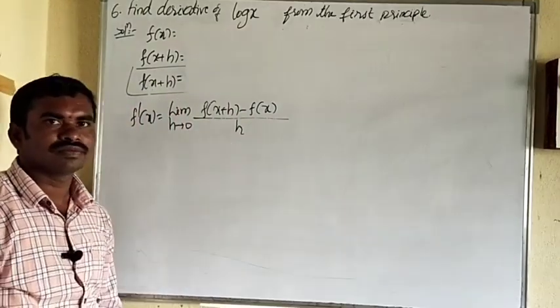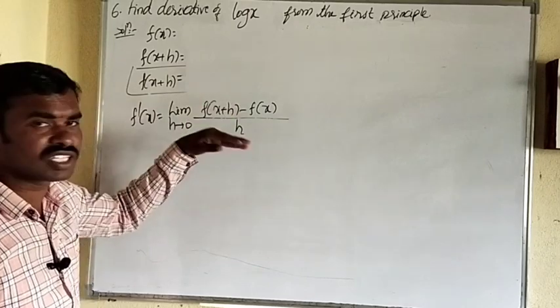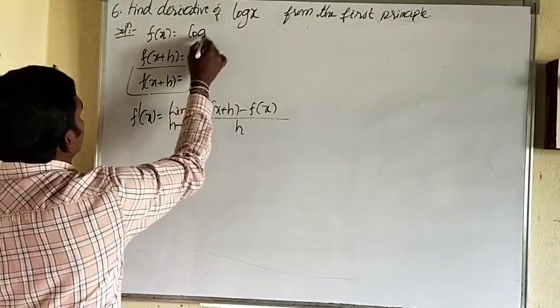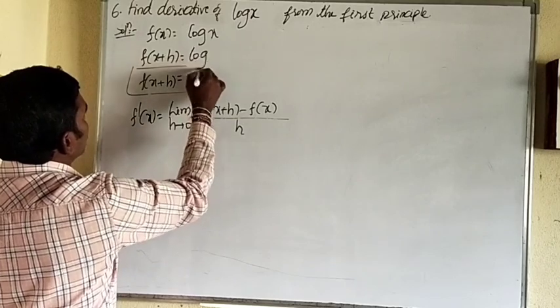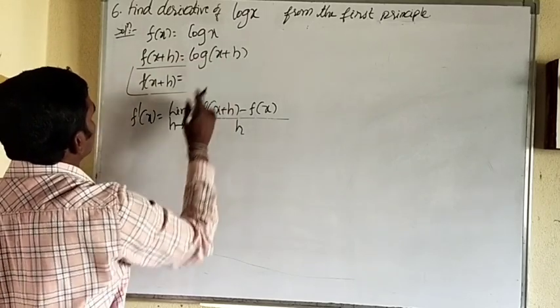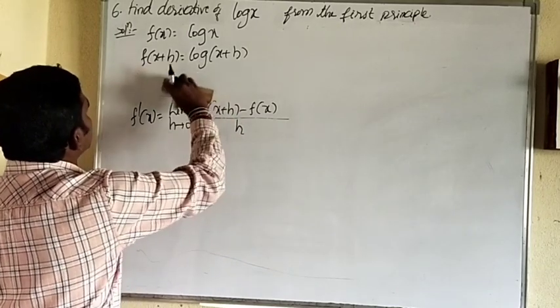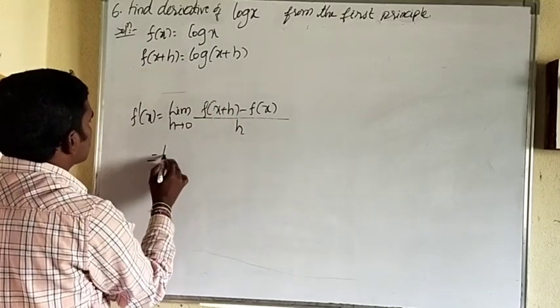From now onwards, very small type questions, but 4 marks questions only. So the question is log x, so f of x plus h is log of x plus h. There is no simplification, so keep it as it is. Now take the formula and substitute in that formula.